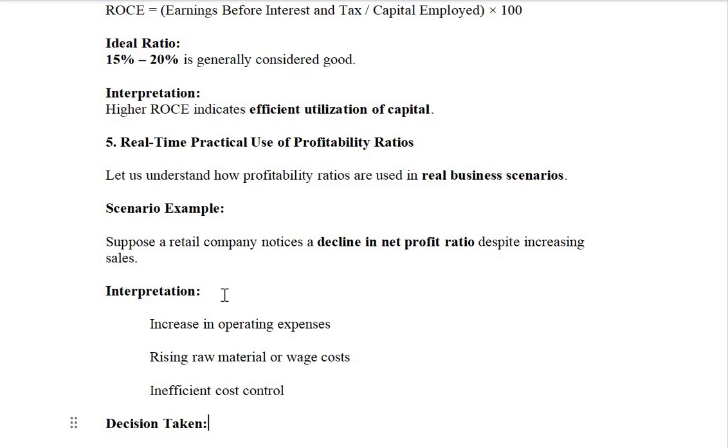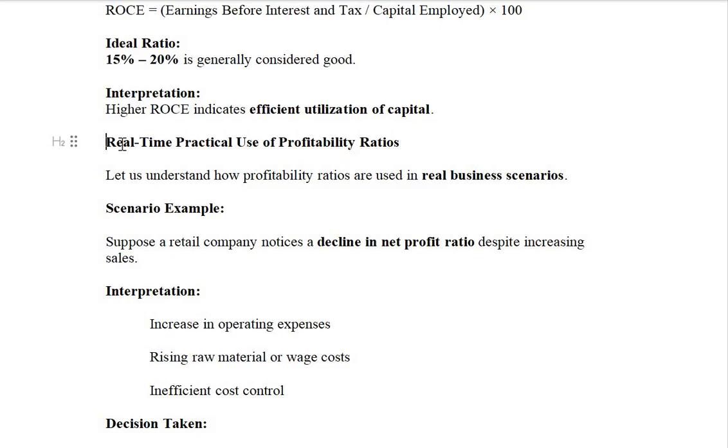With the help of a real-time scenario, we can explain the practical use of profitability ratios. Suppose a retail company notices a decline in net profit ratio.